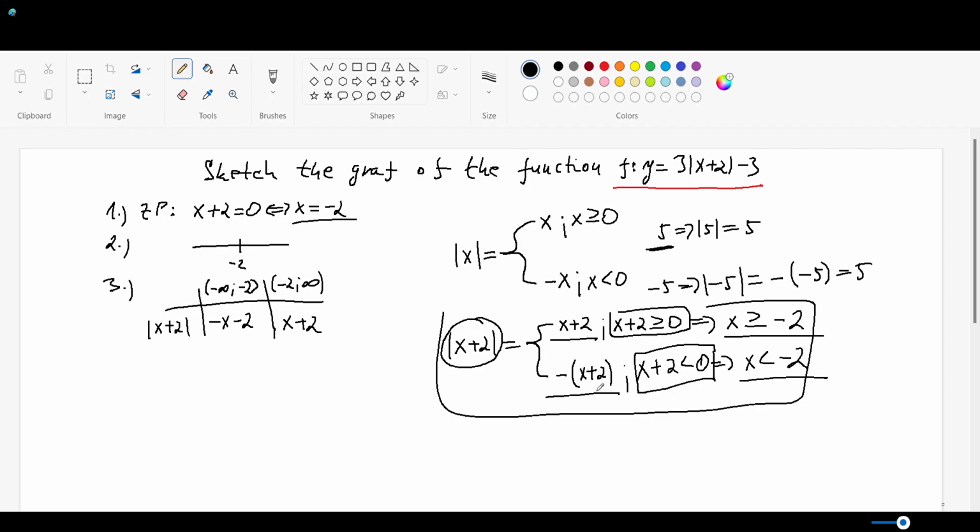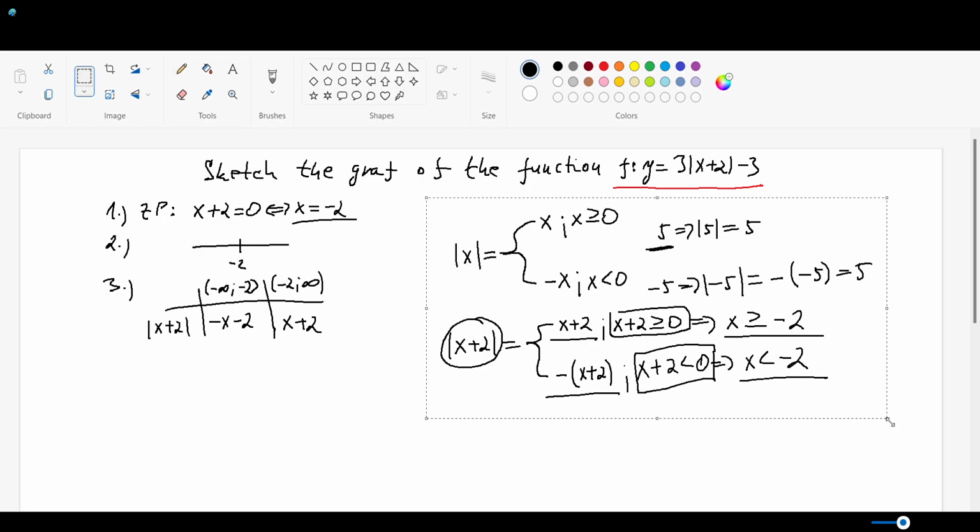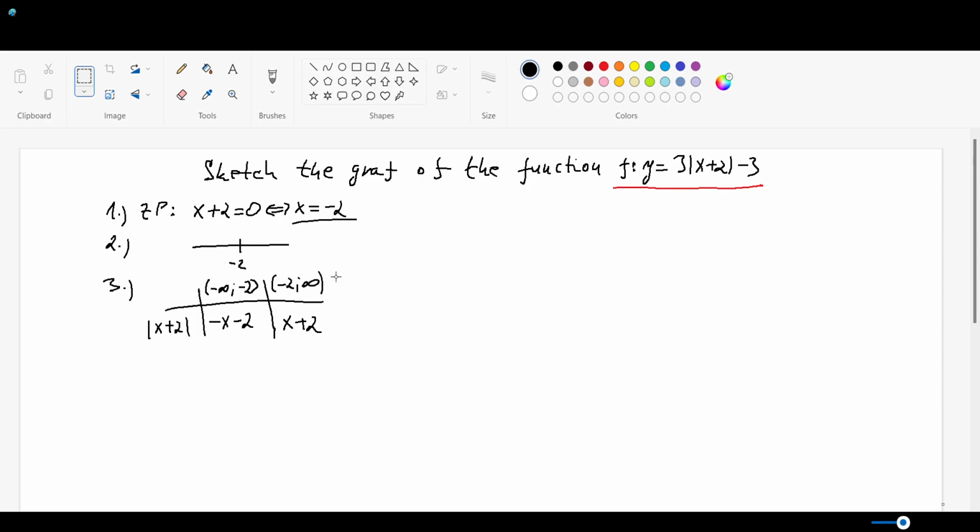So instead of writing such a complicated thing, we use this table, and we use this key point or 0 point to really find out how to calculate the absolute value. So this is the behind-the-scenes thing, and the fourth point is to define the function for x's of one of these two intervals.